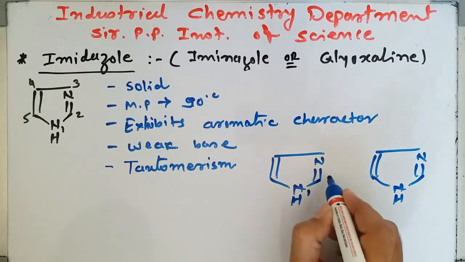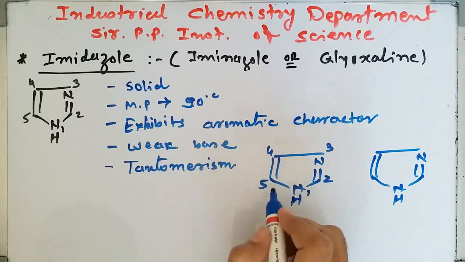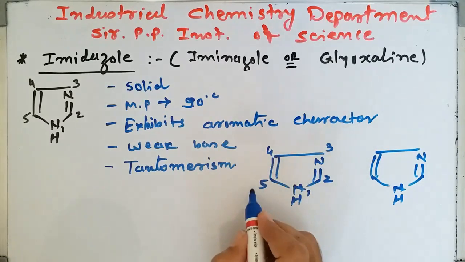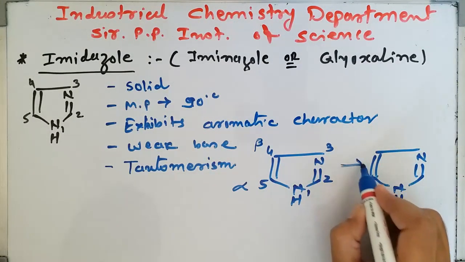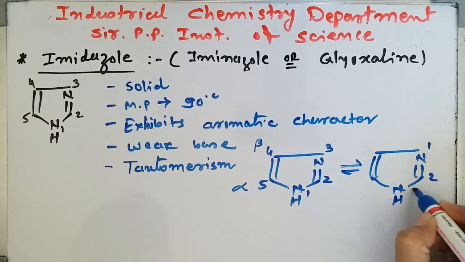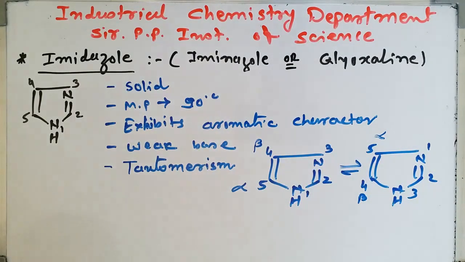If we start numbering 1, 2, 3, 4 and 5, then positions 4 and 5 are alpha and beta. So it exhibits tautomerism, and positions 4 and 5 must be identical.